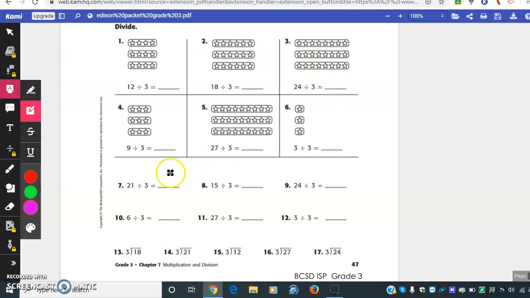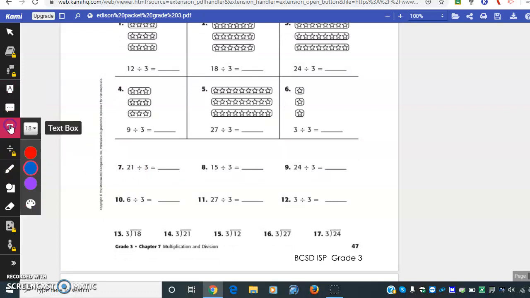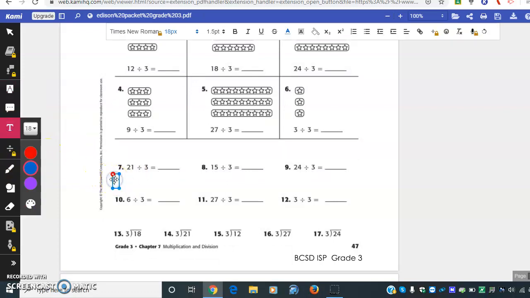And when you get down here, where they did not give you a lot of room to draw stars and then draw groups around them, use the skip counting method. If you're trying to figure out what 21 divided by 3 is, then remember, you can skip count, which means that underneath you would just count by 3s. 3, 6, 9, 12, 15, 18, 21.